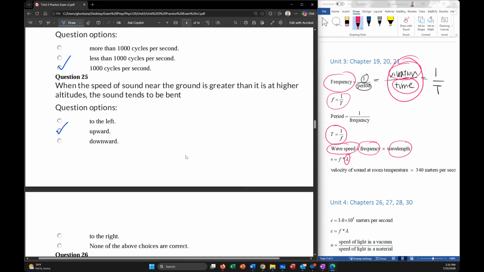This is where the sound velocity changes, going from one medium to another, from cold air to hot air or hot air to cold air. So the answer is upward.